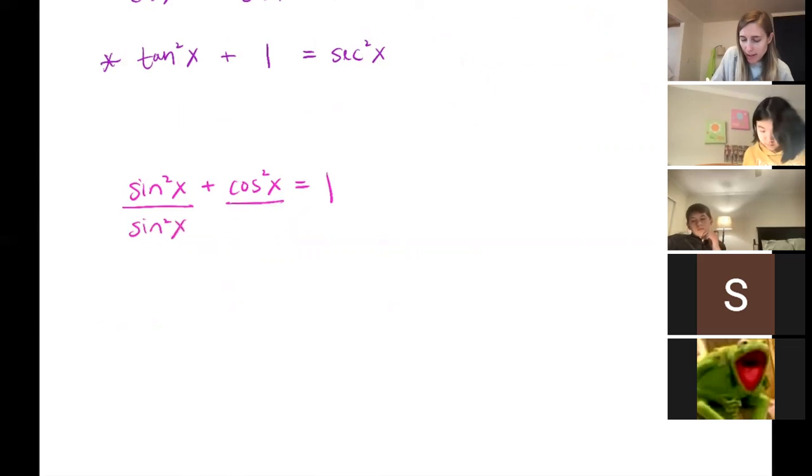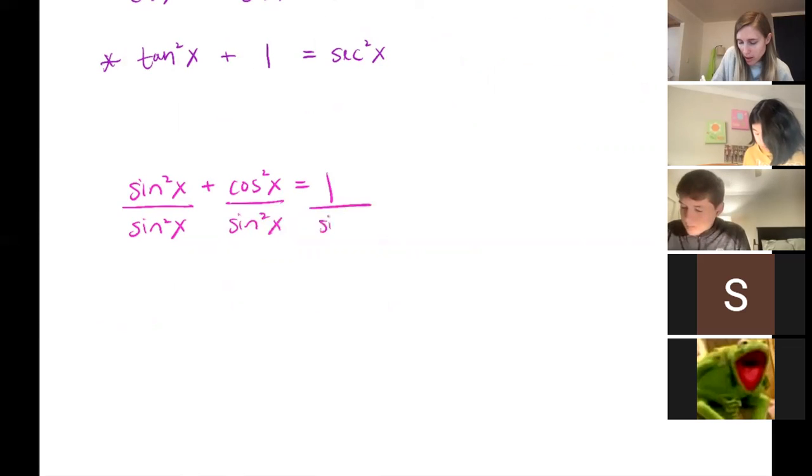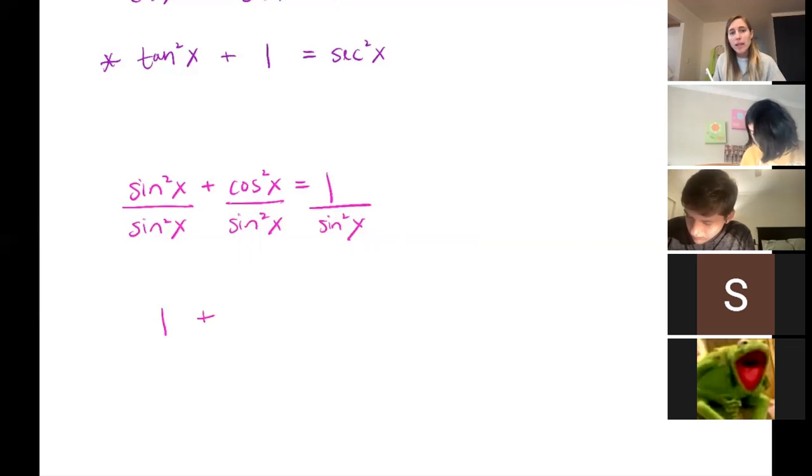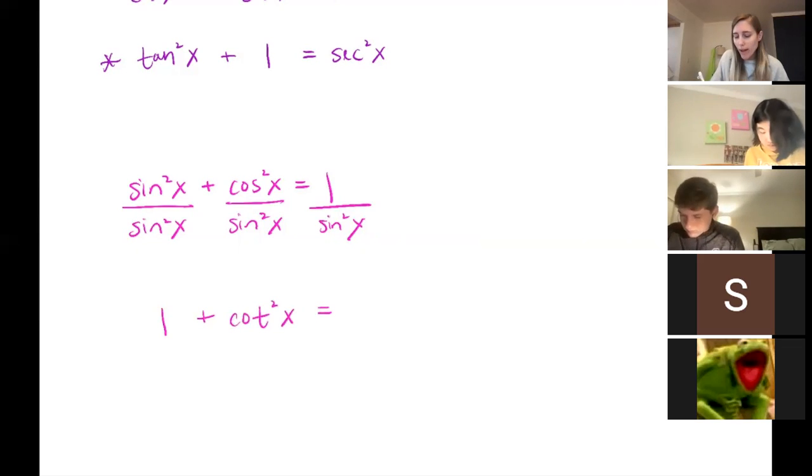So I'm dividing by sine squared on each side of the equation. So then I have 1 plus, well, cosine squared over sine squared, since cosine over sine is cotangent, will be cotangent squared. And then since 1 over sine is cosecant, 1 over sine squared will be cosecant squared.